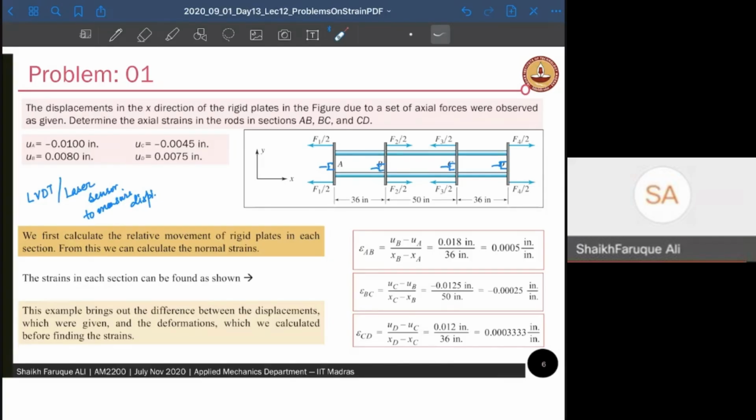I hope this problem is understood. It's the simplest problem we can have on normal strains, and we have calculated only average strains here. We have not calculated anything related to point strains, because to calculate point strains you need functional relationships of u and v with respect to the coordinates. We will see one example later.